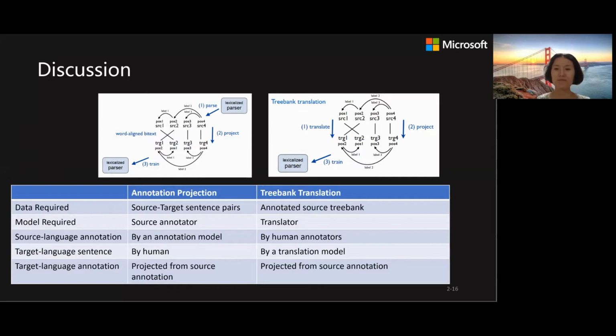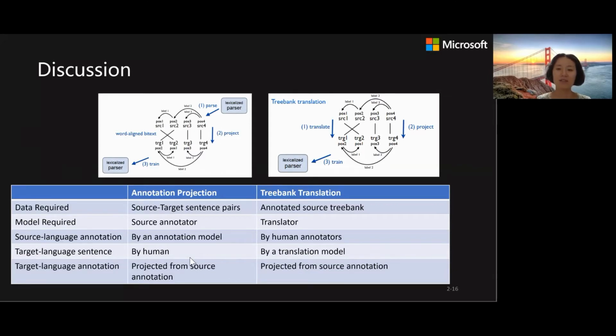Therefore, the source language annotation is derived from an annotation model, while it is annotated by human annotators in treebank translation. The target language sentences are usually created by humans in annotation projection, while they are generated by a translation model in treebank translation.